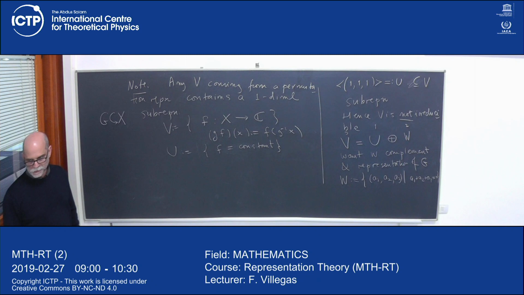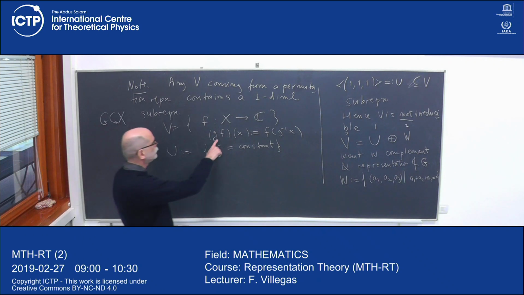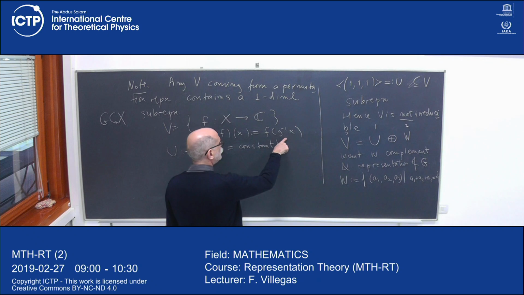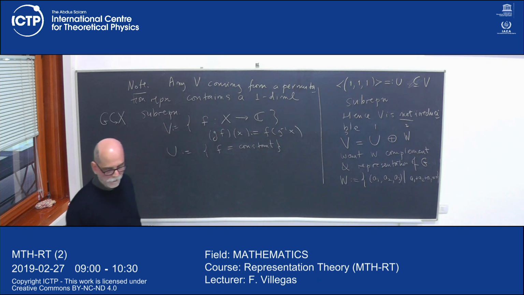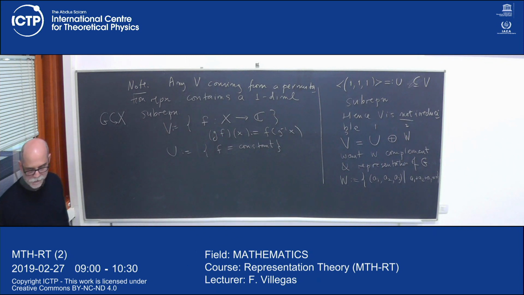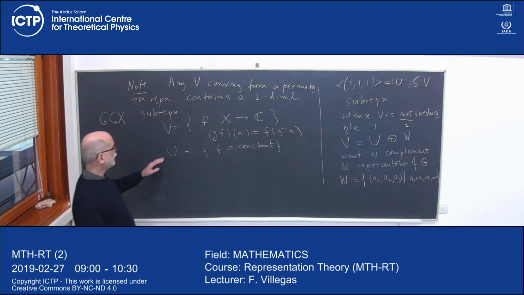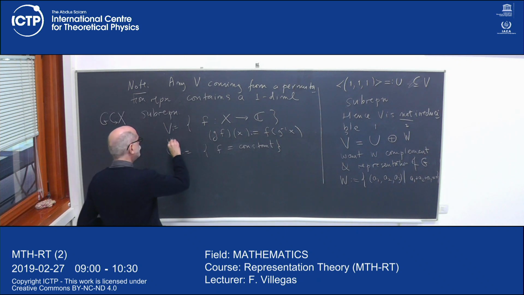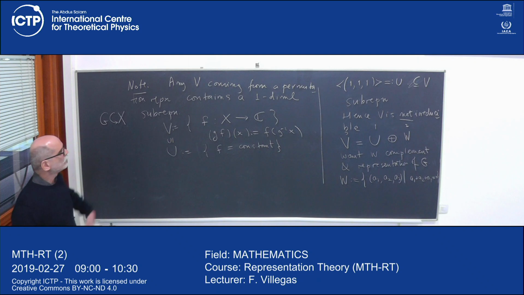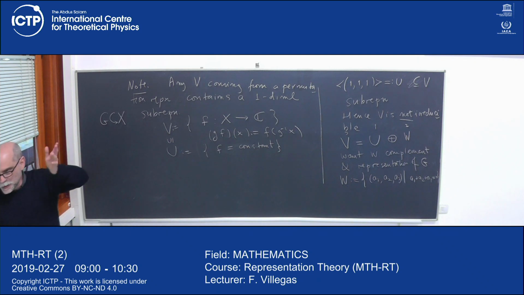If a function is constant, after you apply the group elements, it still remains constant. Yeah, because the value of the new function at X is the old function at some other point on the set, but if the function is constant, then these values don't change. So we always have a subrepresentation which is of dimension 1. So if the space V is dimension bigger than 1, this will mean that we have an actual proper subrepresentation. So V is never irreducible.